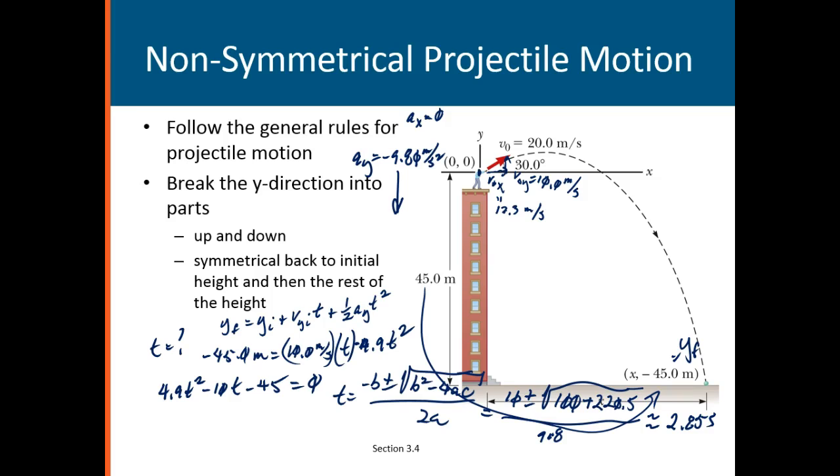Okay. Here's what I think is an error here, and you'll have to check me on it. We got 4 times a times c. Well, 4 times 5 is 20, and 20 times 45 would be around 900, not 200. So that's the one I think where our error is. 4 times 4.9 times 45.